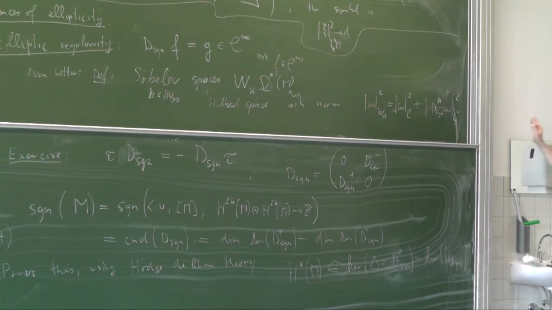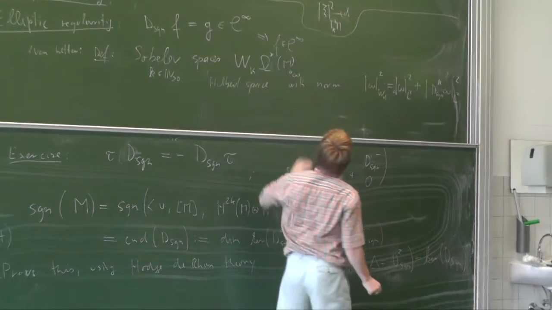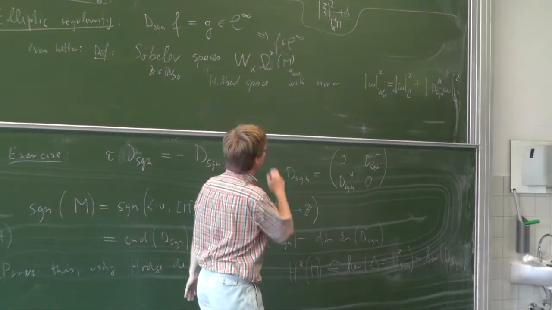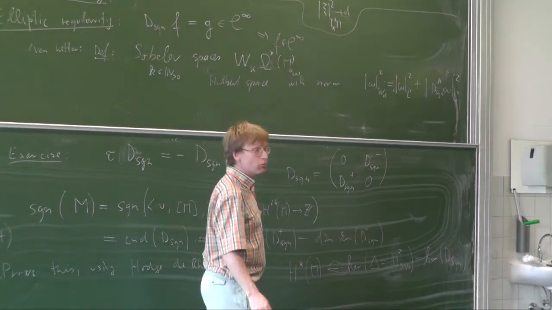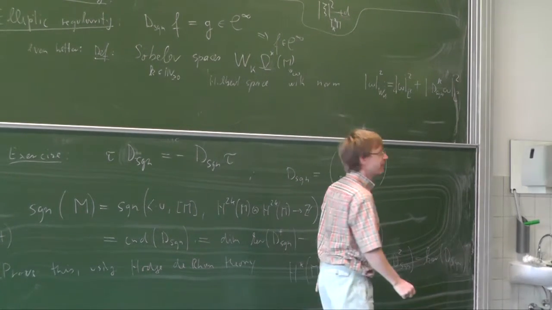So with this little surprising definition, we get a new norm clearly. If k is equal to 0, this is just up to scaling the L2 norm. Maybe I should have divided by 2 to get the L2 norm back in that case.